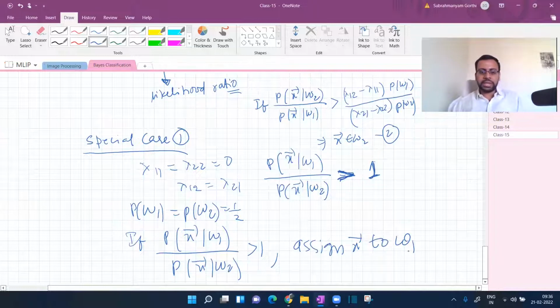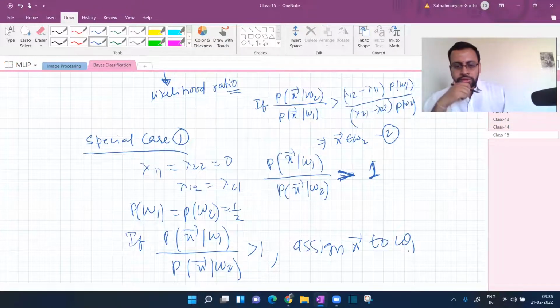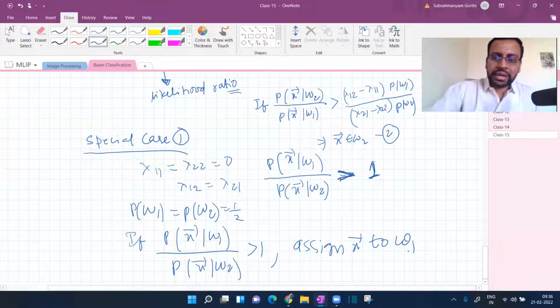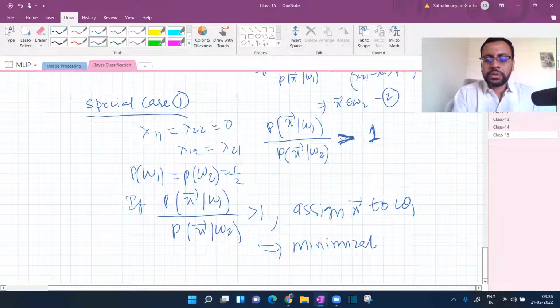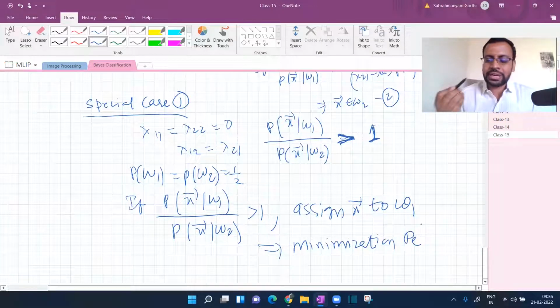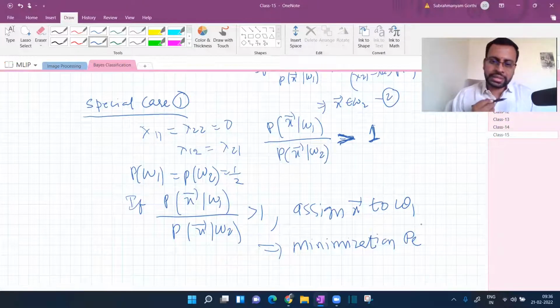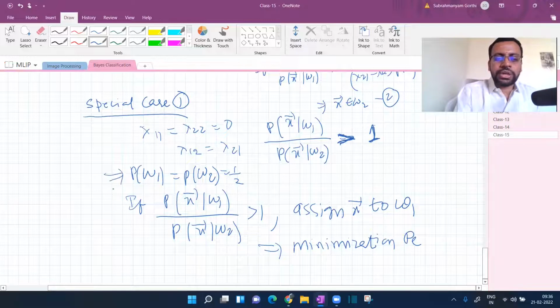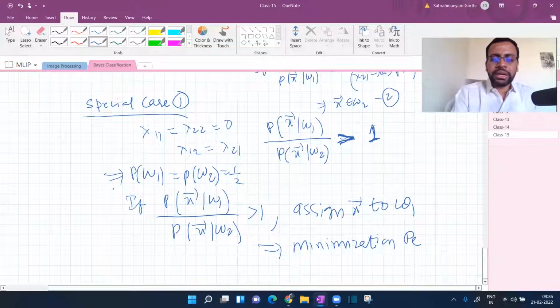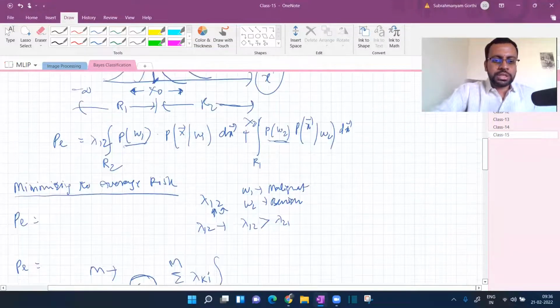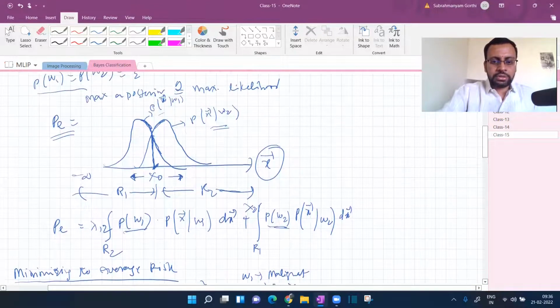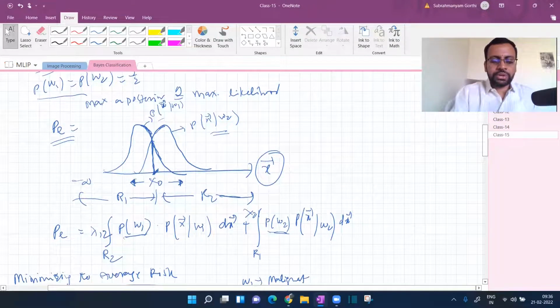Did we see this case anytime earlier? We started with this case, sir, before giving weights. Correct. So this is the case of total error minimizing. That implies this is exactly the same as minimization of PE, the total error probability, when your lambda 12 and lambda 21 are the same. In fact, this also you could relax. We have written the expression with P(omega 1) and P(omega 2) also in the minimization of error probabilities. Did we not write that? Yes. That's where you would compute this.